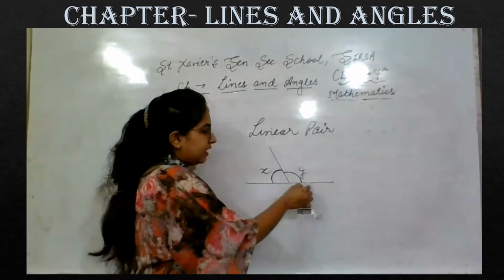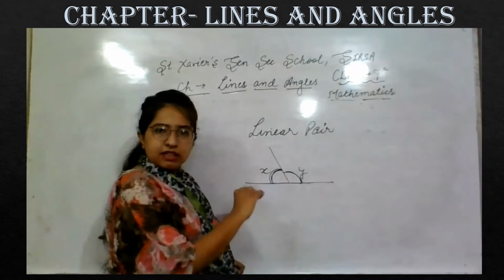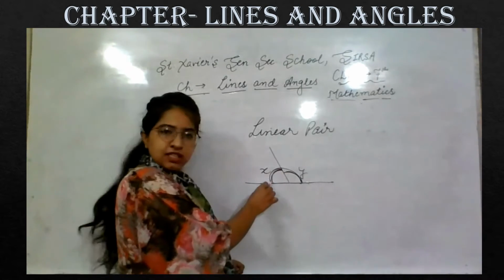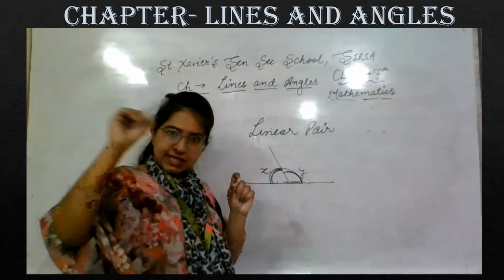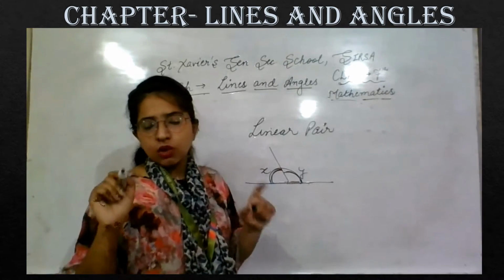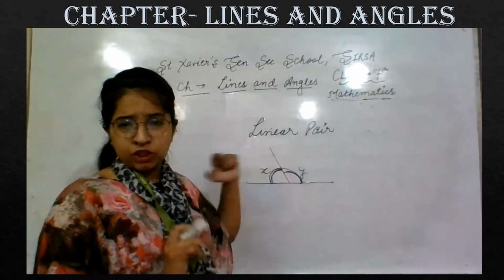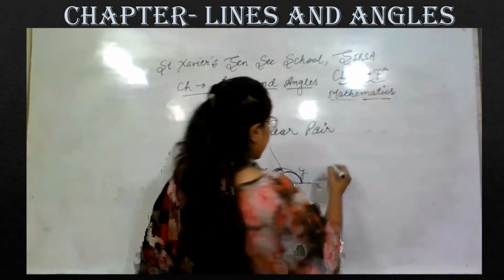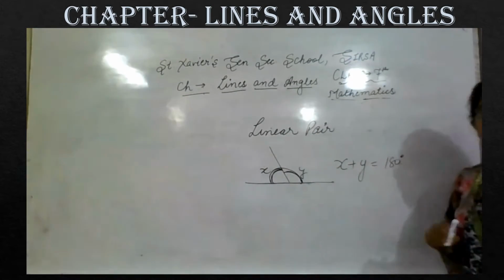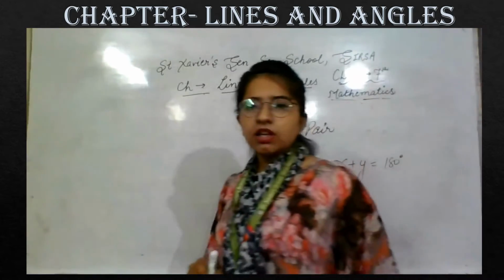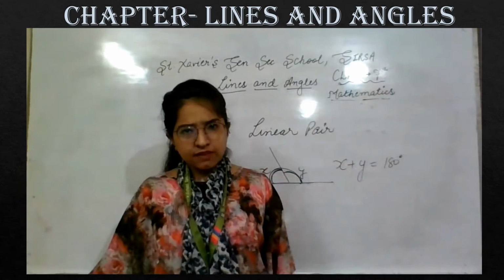You see, this is the line and this is a semicircle. So the sum of both these two angles on one line which are making a semicircle must be 180 degree. What's the reason? Linear pair. This is a property only. You can write that x plus y is 180 degree by using the linear pair property.